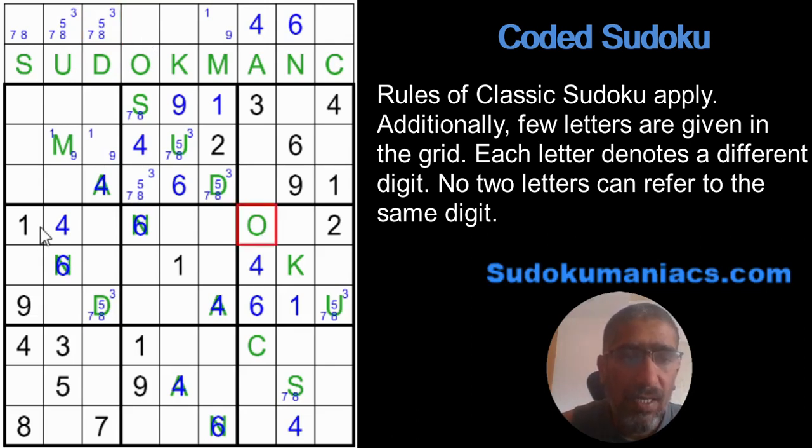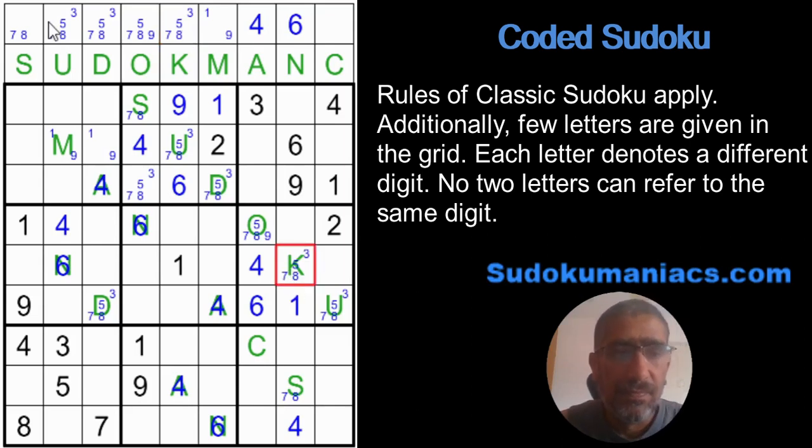For O, I can't have a 1, 2, 3, 4. 5 is possible. 6 is not possible. 7, 8, 9. All right, so let's place that. Now K and C are missing. K would be 1, 2, 3 is possible, 4 no, 5 is possible, 6 yes, 7, 8.